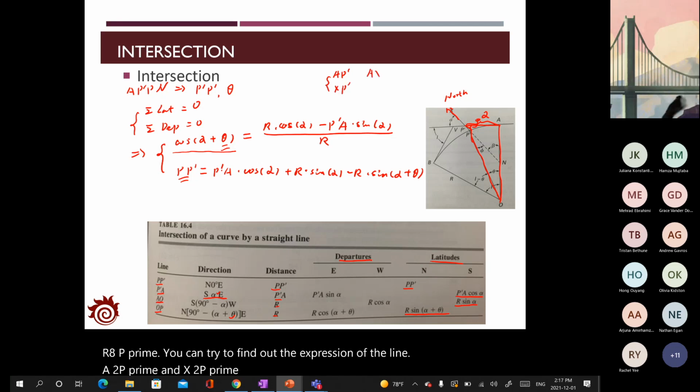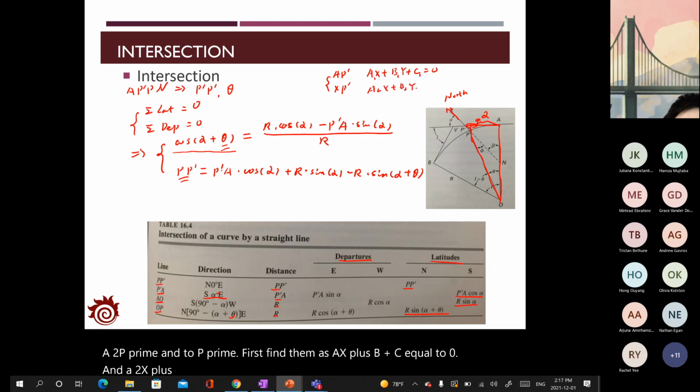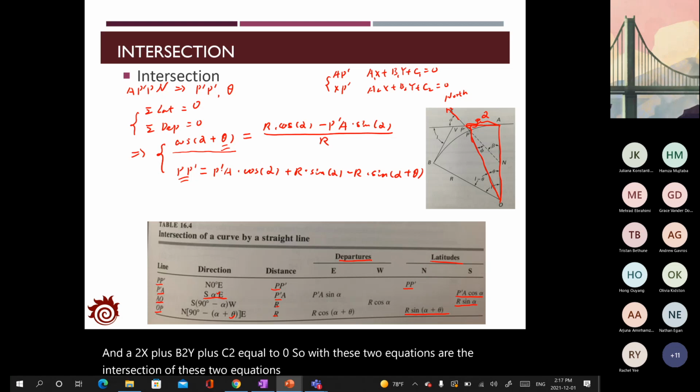Write them as A1X plus B1Y plus C1 equal to 0, and A2X plus B2Y plus C2 equal to 0. With these two equations, the intersection will be the point P prime.